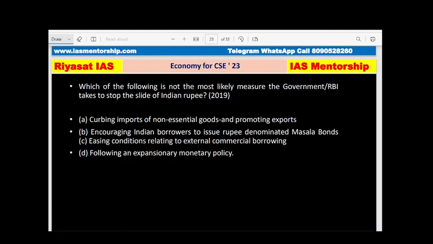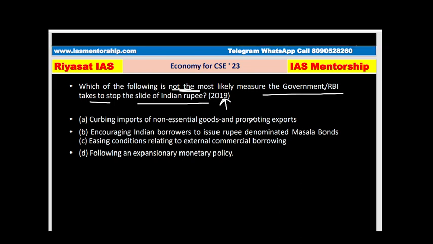Which of the following is not the most likely measure by the government or RBI to stop the slide of the Indian rupee? Not the most likely. 2019. Come on, tell me. Curbing imports, this government will do.